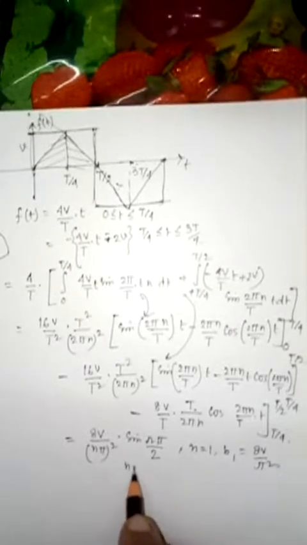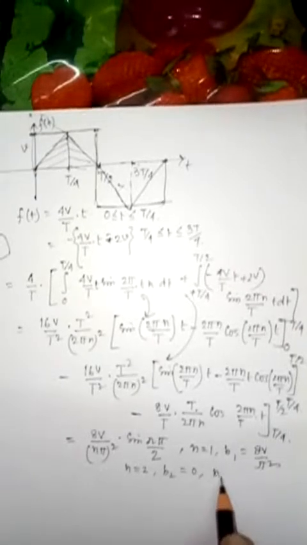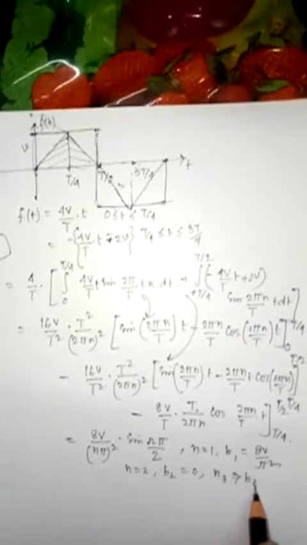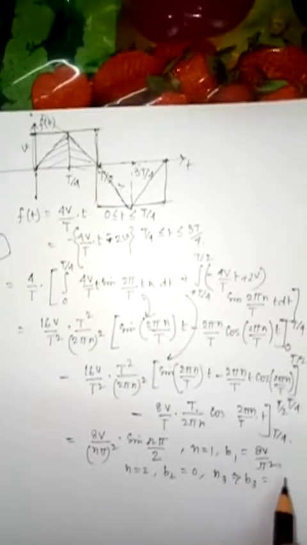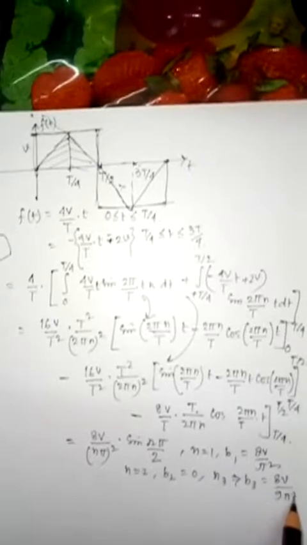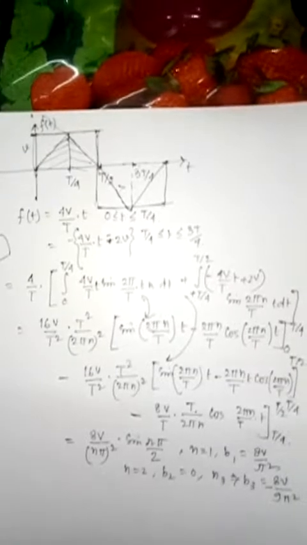But for n equals 2, b2 equals 0. For n equals 3, b3 equals 8V by 9 pi square with a minus sign. In this way, one after another on and off signal we get. So the final output is b1, then b3, then b5, and so on.